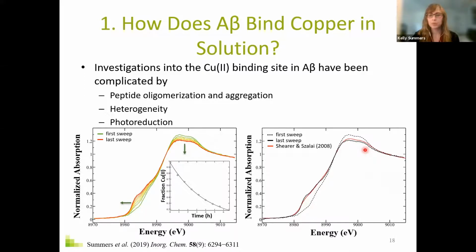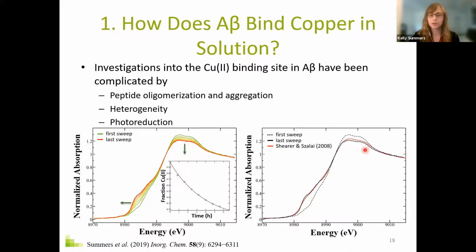And so with our work, we used a beamline at SSRL that has a really big beam. It's really perfect for doing this kind of work because it has a lower flux density, and we're able to move the sample, and each sweep uses a fresh piece of sample to hopefully keep as much copper 2 in our sample as possible at the end of the sweep.